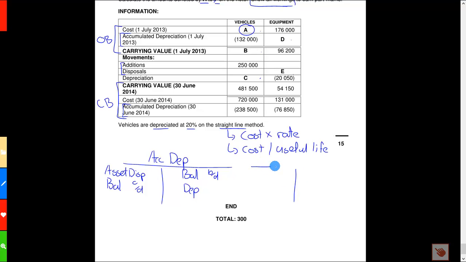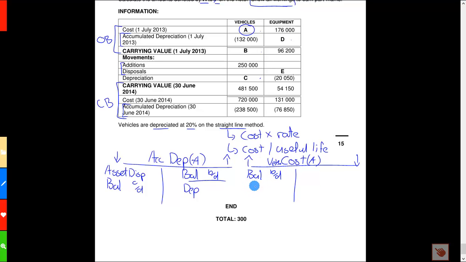Your cost account looks something like this. For example, vehicles or equipment, you'll have a cost account with your opening balance because it's an asset. Remember, accumulated depreciation is a negative asset, that's why the opening balance is on the credit side, increases there, decreases there. The asset is however an asset, so it increases on the debit side and decreases on the credit side. That means the opening balance is on the debit side.